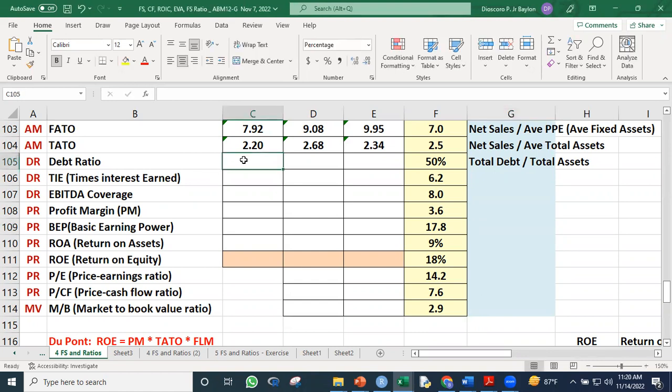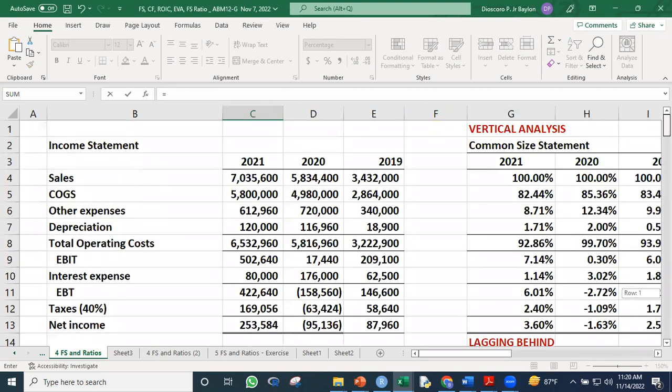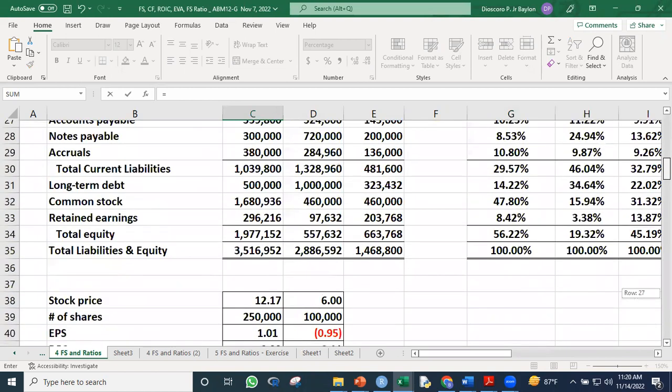So let's compute this. Let's see our total debts here. Total debt is in the balance sheet. Okay, so we see that our debt is separate. So that's the sum of your current and long-term debt.